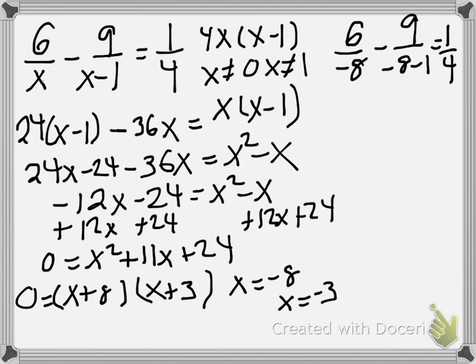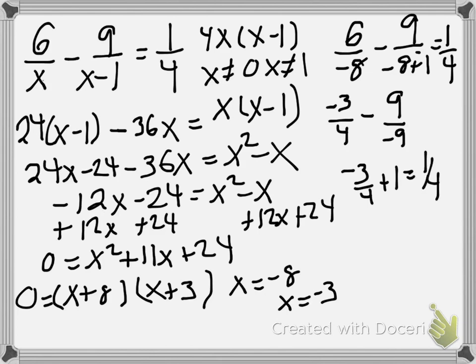Okay, well, this is negative 3 over 4 minus 9 over negative 9, or negative 3 over 4 plus 1 should equal 1/4. Does 1/4 equal 1/4? Yep. So that's good.